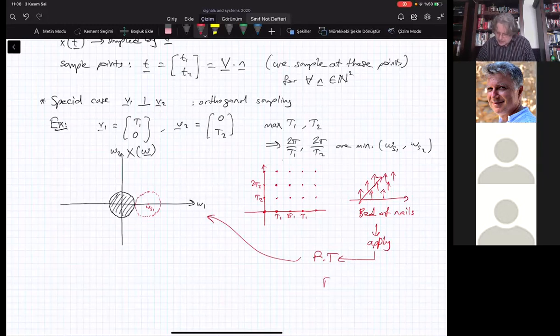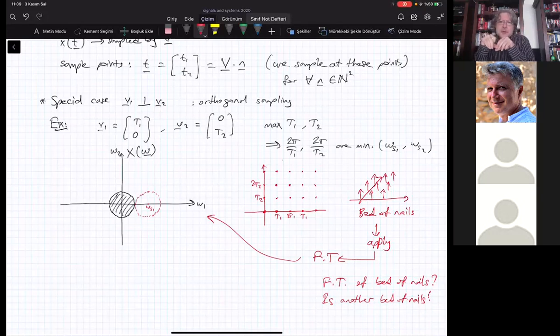So what is the Fourier transform of a bed of nails? It is another bed of nails. That's because the impulse train's Fourier transform was another impulse train.